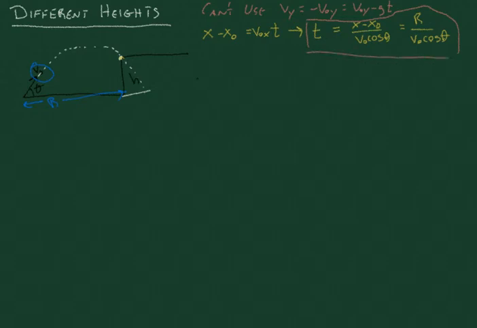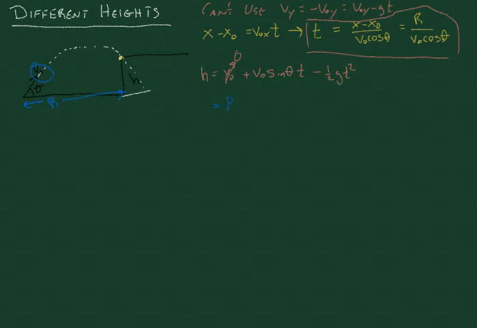Then we can say that h is going to be y0, which is 0, plus v0y, which is v0 sine theta, times t, minus 1/2 g t squared. But we've already found t. So the v0s are going to cancel out when we multiply by t.